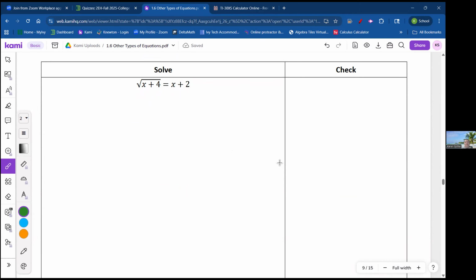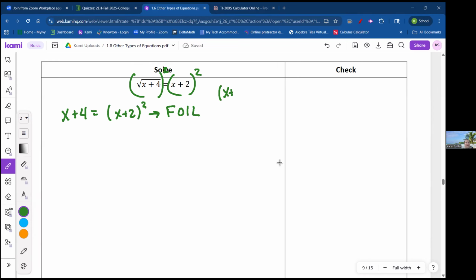All right, so when you square a square root, to solve these equations you're going to square both sides. A square cancels out a square root, so you're left with x plus 4 is equal to (x plus 2) squared. Well, that (x plus 2) squared, I need to FOIL.